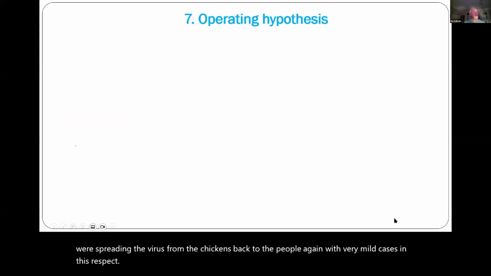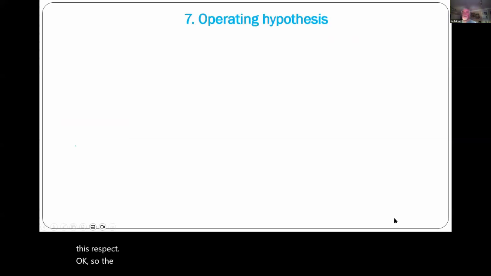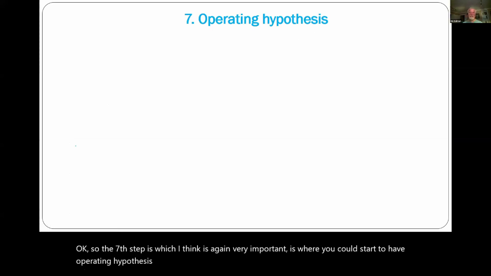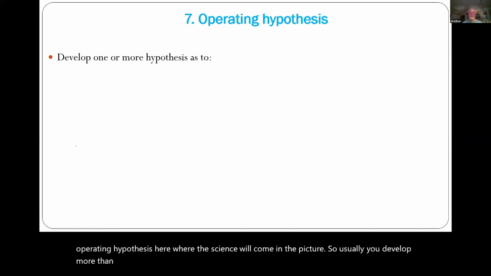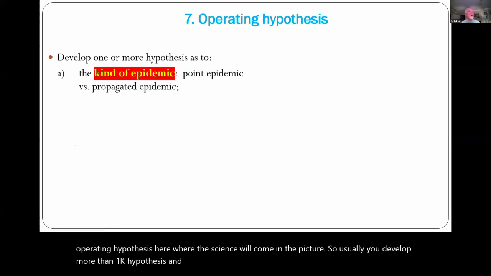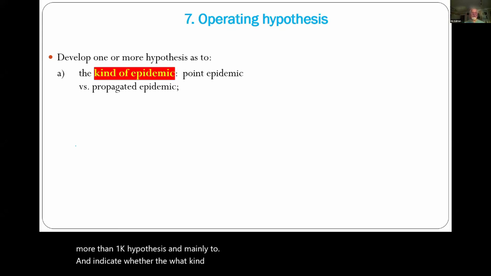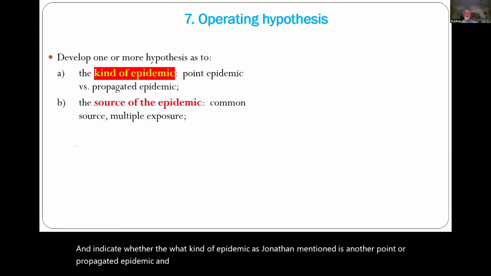Okay, so the seventh step, which I think is again very important, is where you could start to have operating hypotheses. Here is where the science comes into the picture. So usually you develop more than one hypothesis, mainly to indicate what kind of epidemic, as Johansen mentioned, either a point or propagated epidemic, and also to identify the source.